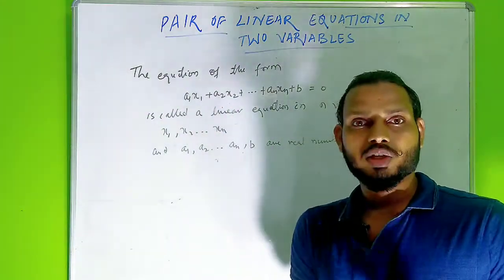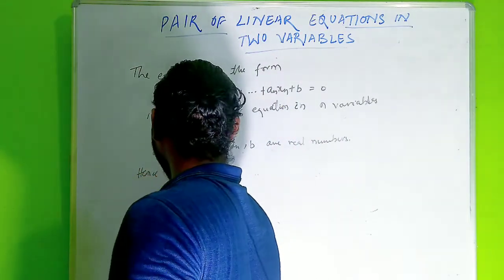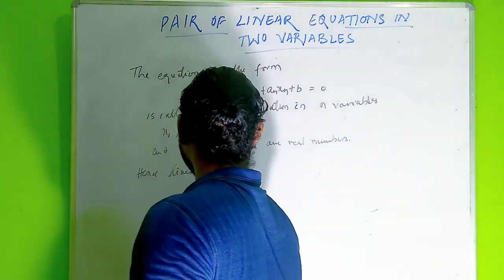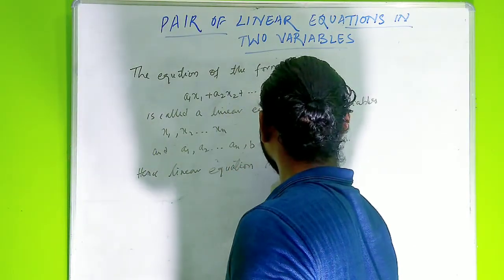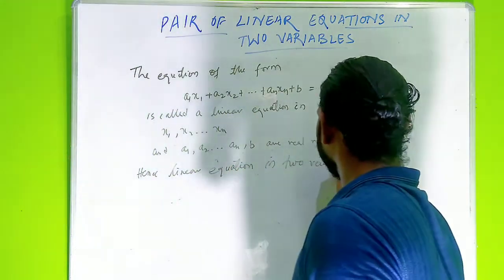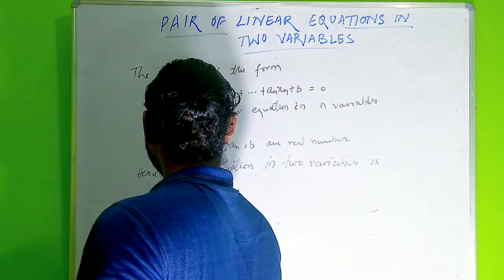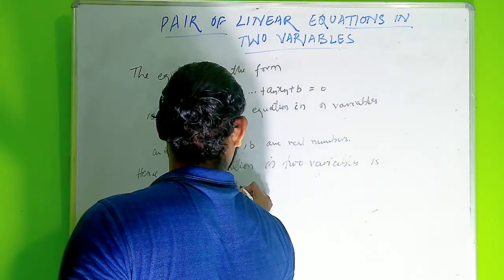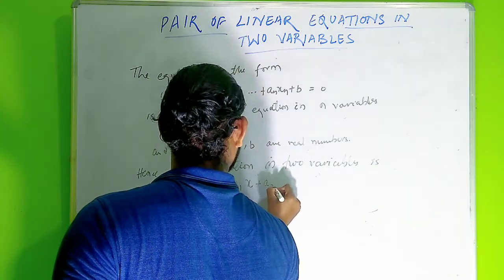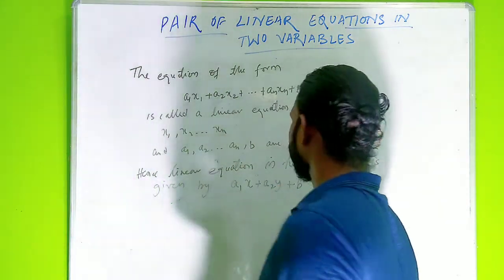Then what is a linear equation in two variables? So hence a linear equation in two variables is given by a1x plus a2y plus b is equal to 0.